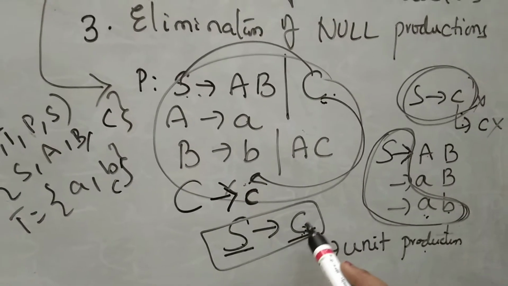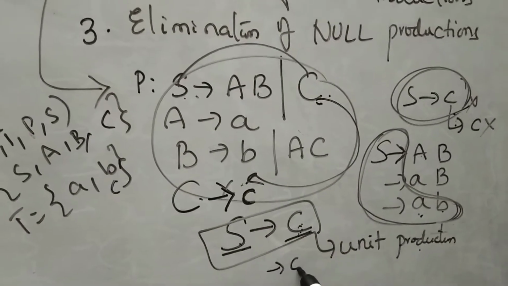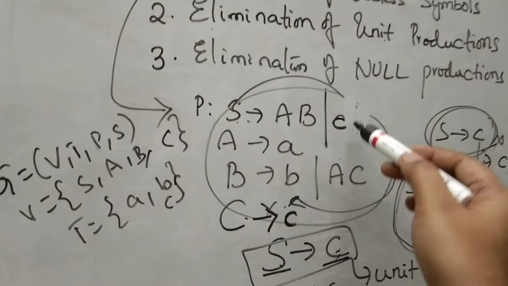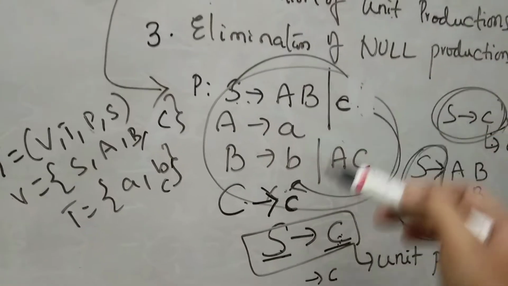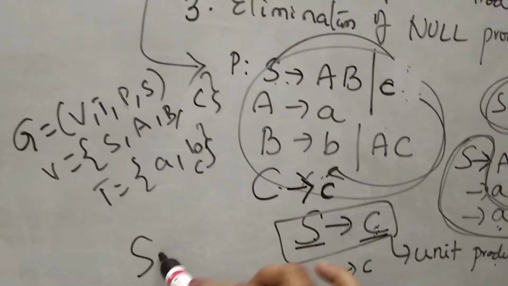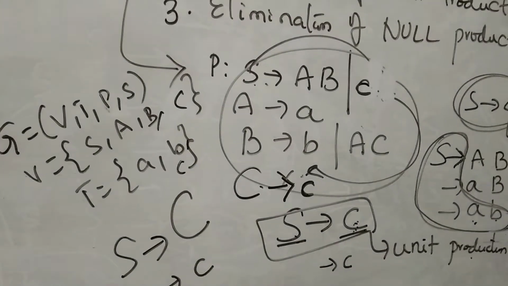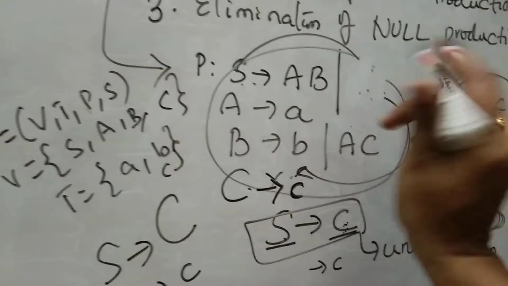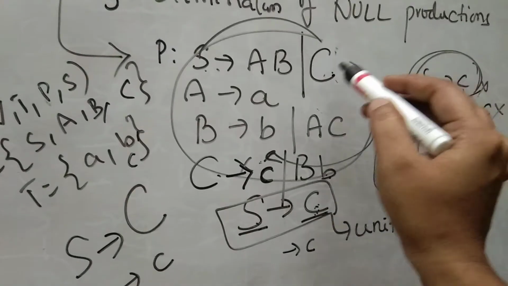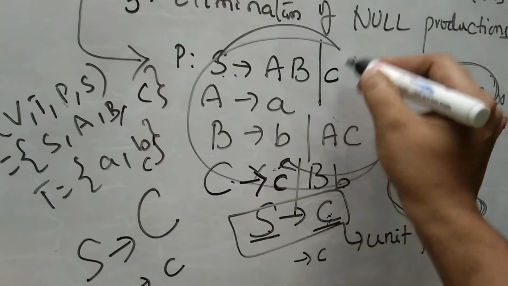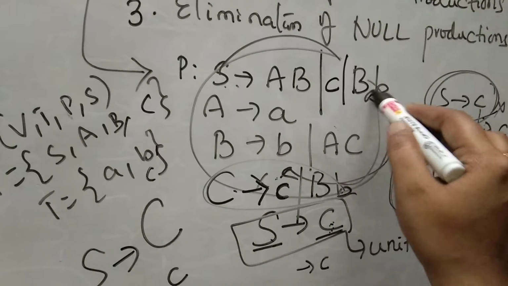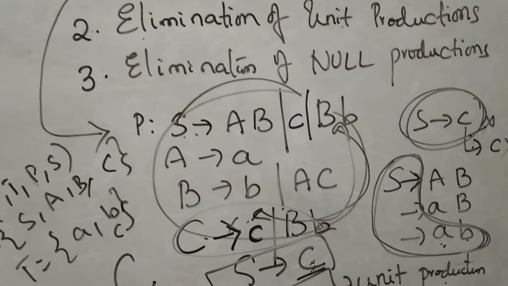This unit production can be replaced with small c, so that we eliminate the unit productions. We do not need to write capital C and then again increase the productions. Suppose C has productions like small c and BB. Then this entire C you can replace with the productions of C as well as BB. Replacing them like that is what we call elimination of unit productions.